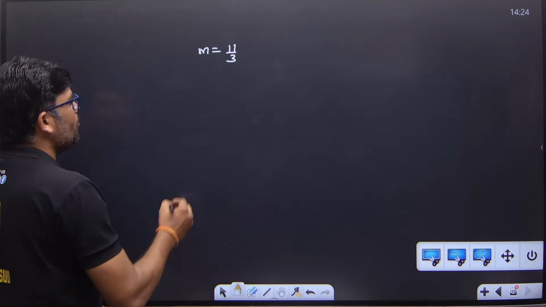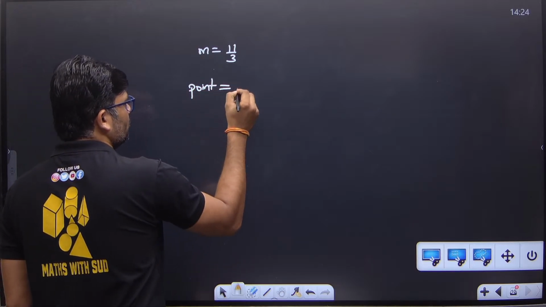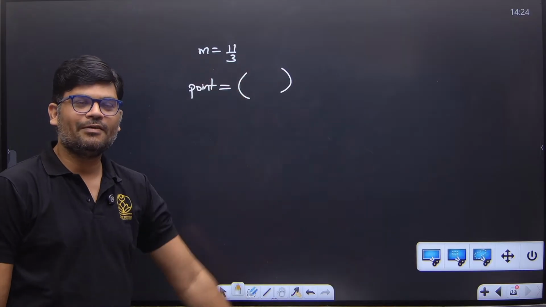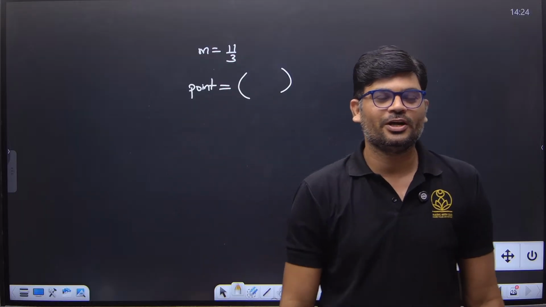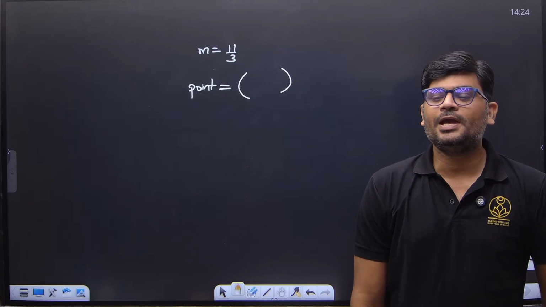Can you tell me a point through which this slope needs to pass? Can you take m as 7? No, it's okay. I have taken 11 by 3. I'm not scared of any number.